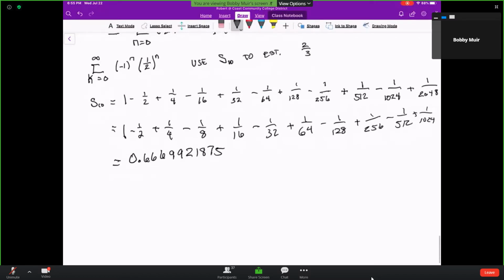Now, according to our theorem, R10 is going to be less than B(n+1). So that's going to be 1/2 raised to the 10 plus 1, which is 1 over 2 to the 11th.